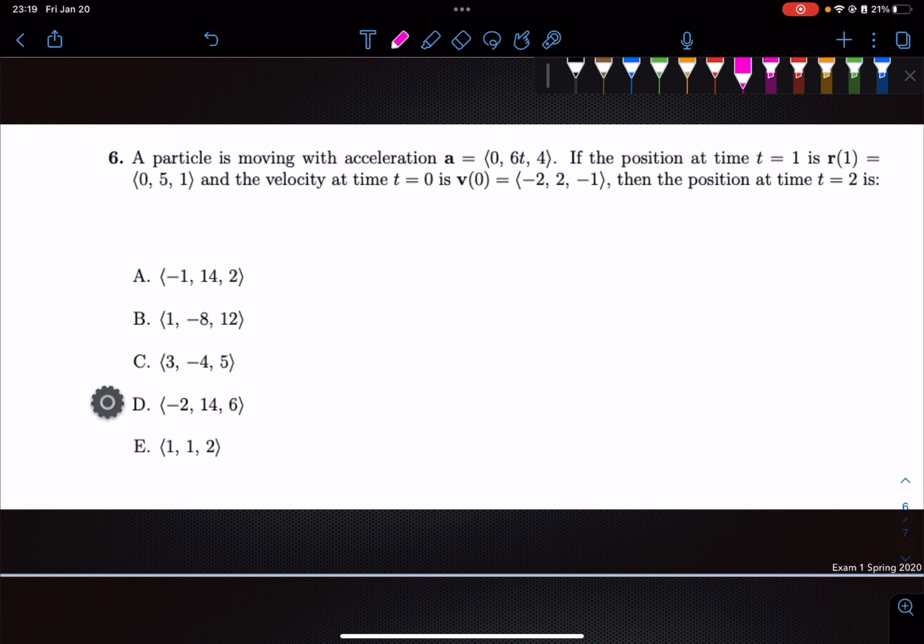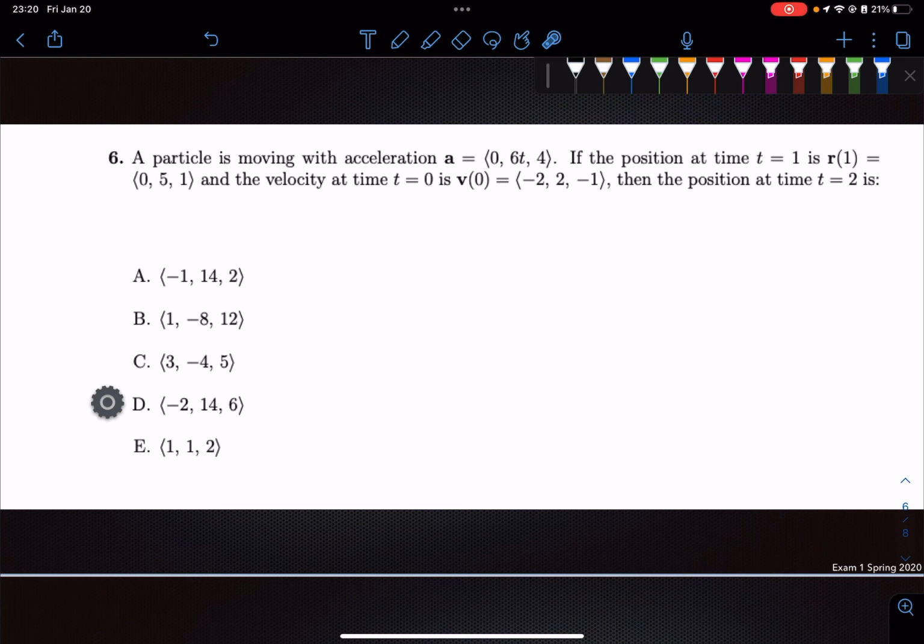The question is asking you for the position at t equals 2. This one is pretty straightforward. In this question, we are given an acceleration term, and then we have some initial conditions.